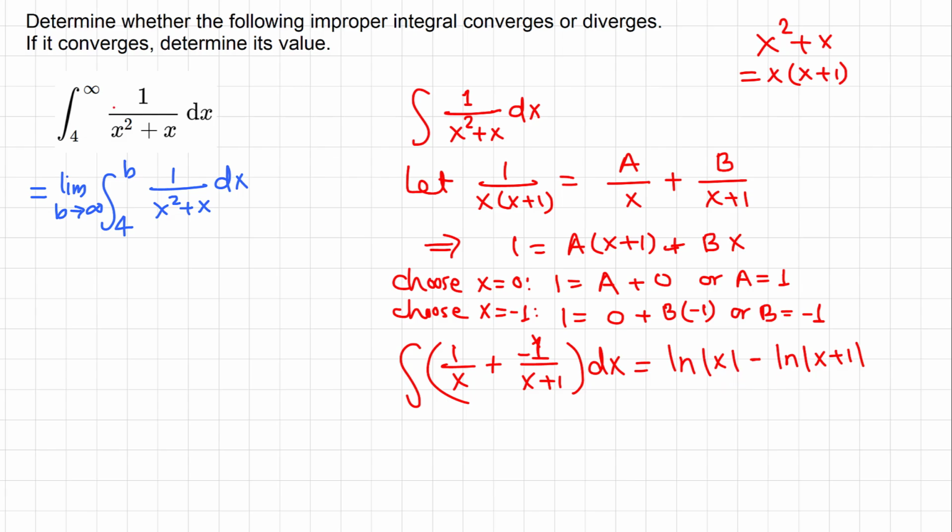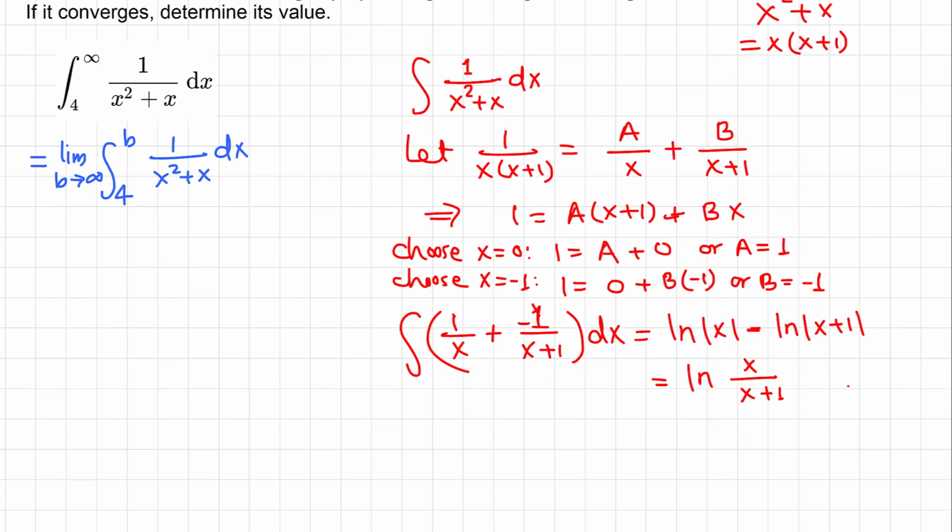Here we have a difference of natural logs, so the difference of natural logs will be the natural log of the quotient, x over x plus 1. That is this integral using partial fraction decomposition, and plus C is not needed.